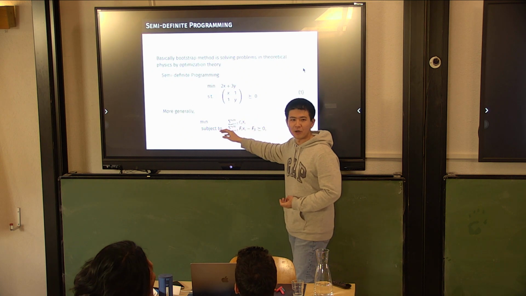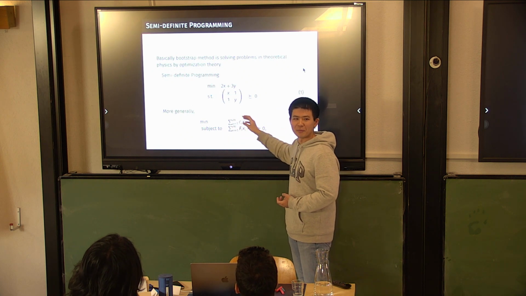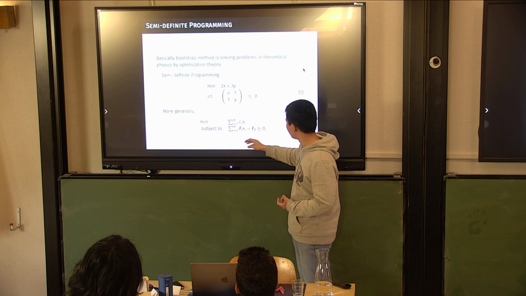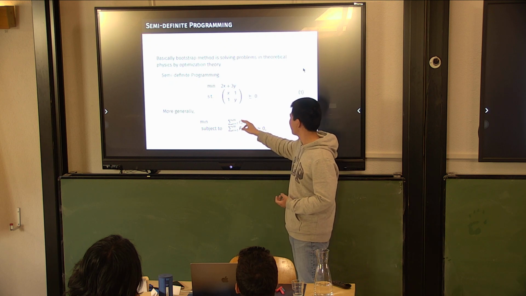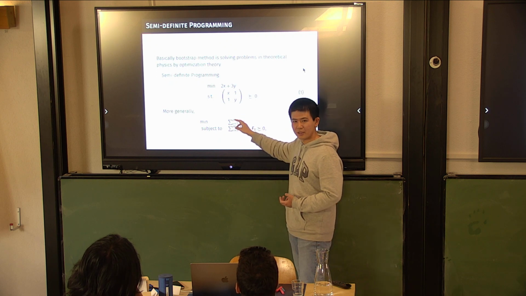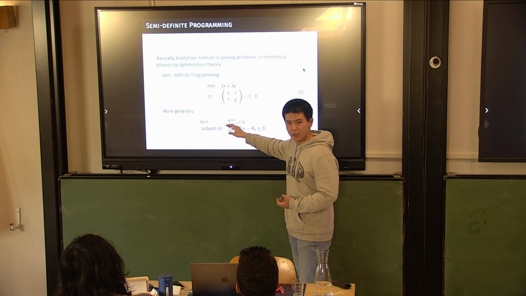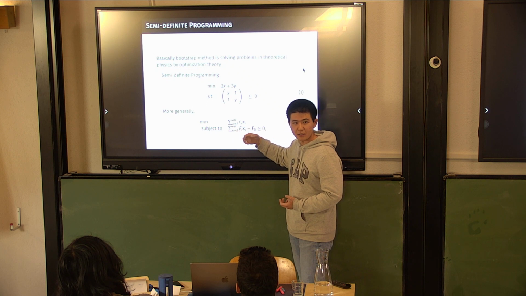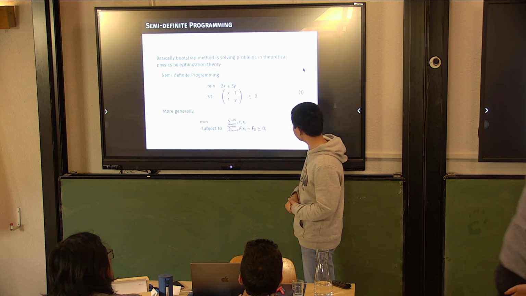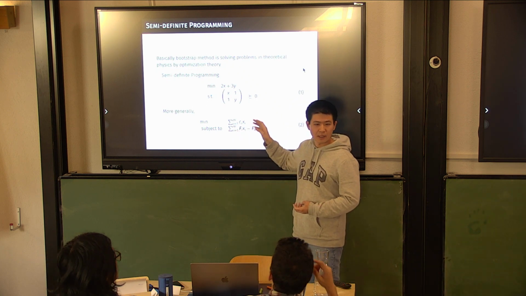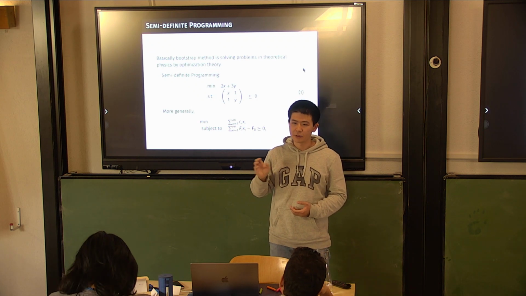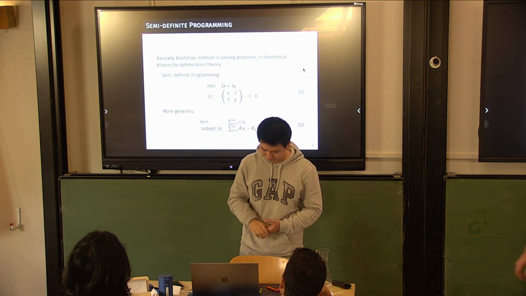Sometimes people call it primal formulation, or sometimes dual formulation. Basically, you are minimizing some linear combination of the variables, and the variables are subject to a semi-definiteness condition on the matrix, where there are some n times n matrices, real and symmetric.